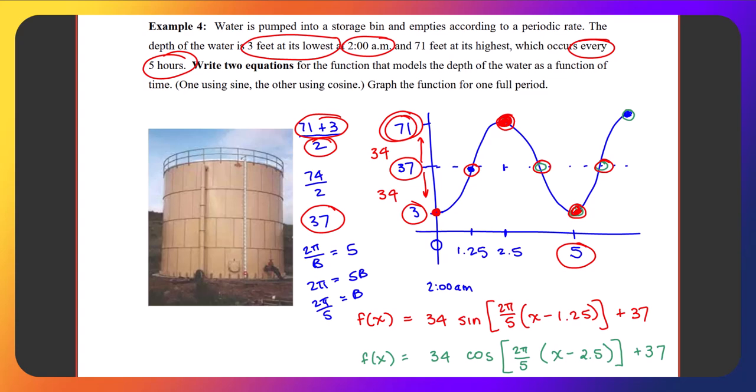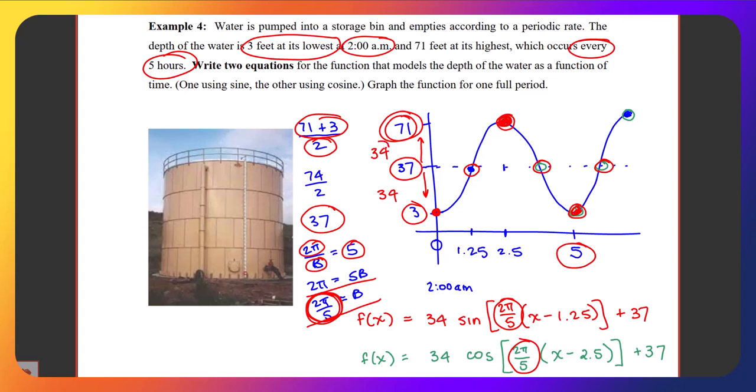So then again, we're back to sine and cosine, so the period is 2 pi divided by b is 5, cross multiply, divide by 5 to get the b value that determines the period. And that'll go here and here.